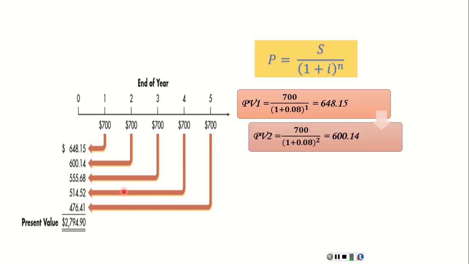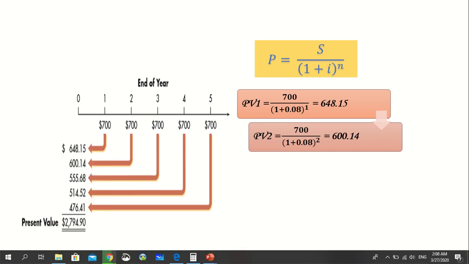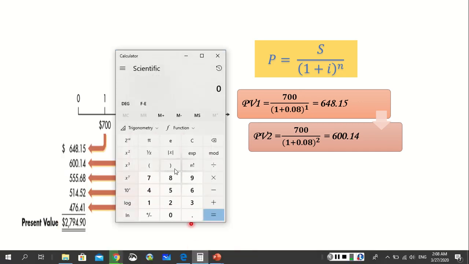The second amount received by each bank from Mr. Ahmed will be worth today 600. We can apply this using the calculator by dividing 700 by (1 plus 0.08) to the power 2, because it will be received after 2 years, which equals 600.